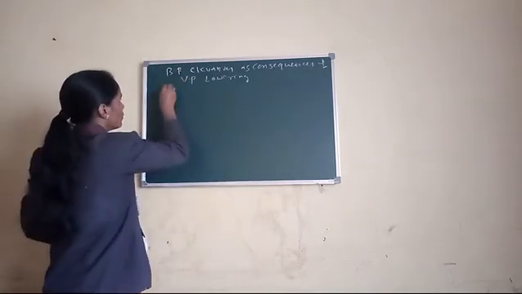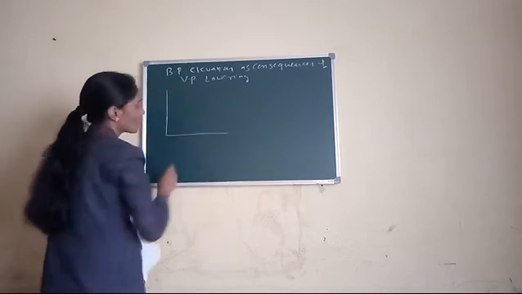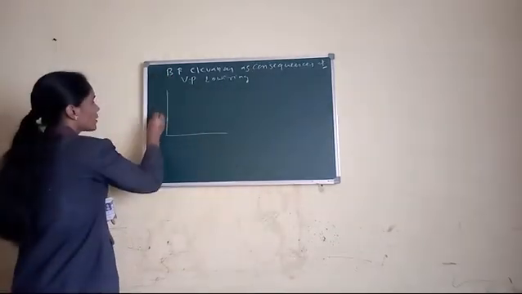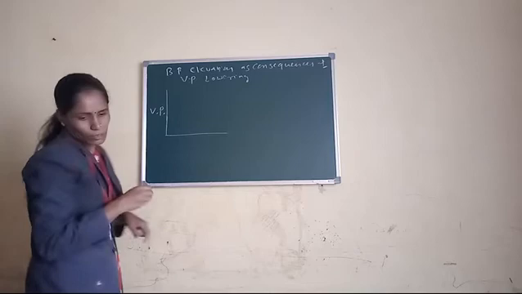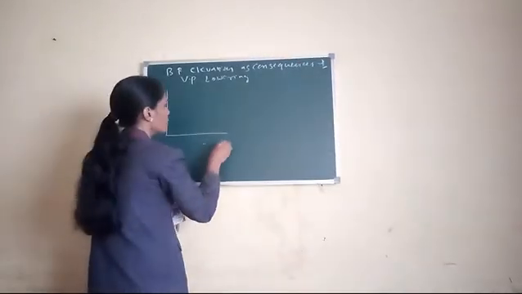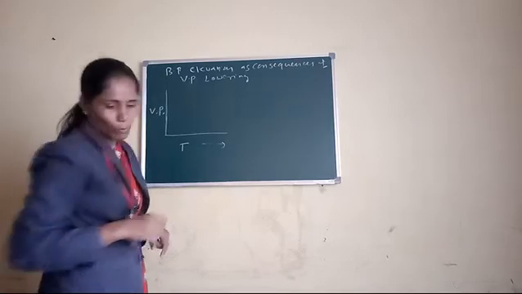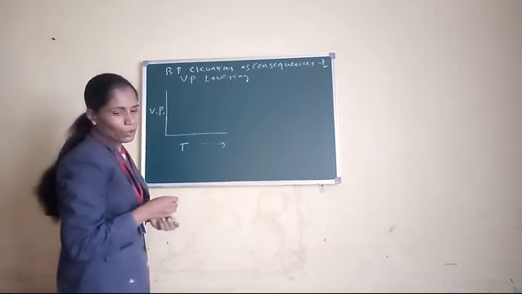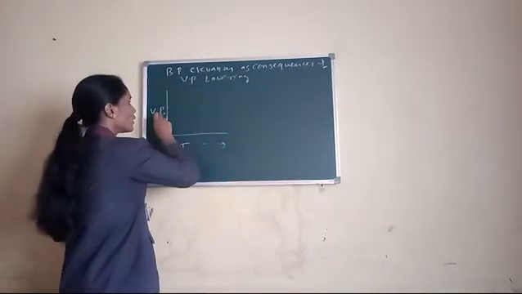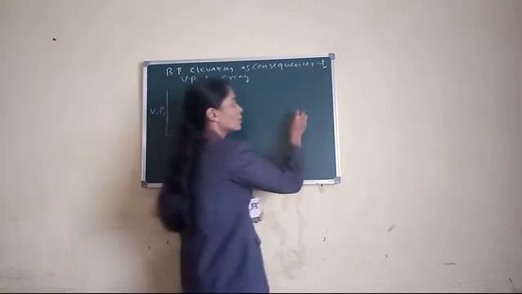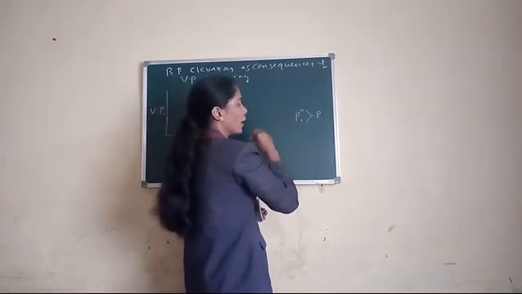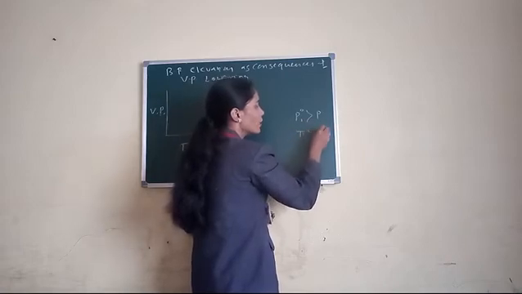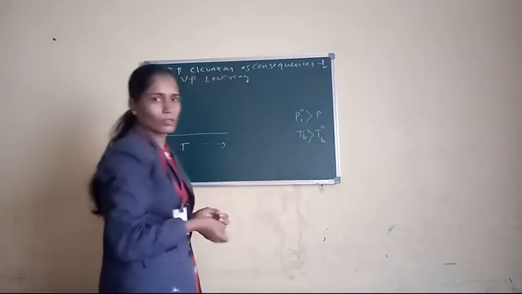This is explained by the graphical representation, where on the y-axis there is vapor pressure and on the x-axis there is temperature, meaning boiling point. First I draw the graph for the solvent. The pure solvent has greater vapor pressure, P1 naught is greater than P, and TB is greater than TB naught.